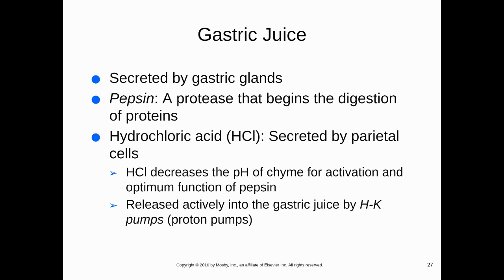The other major thing that we have within our gastric juice is hydrochloric acid, and that's secreted by parietal cells. Essentially, they're decreasing the pH of our stomach acid, or gastric juice, in order for this pepsin to work. Because remember, what pH does pepsin work at? Between 2 and 3 is the most optimal pH.